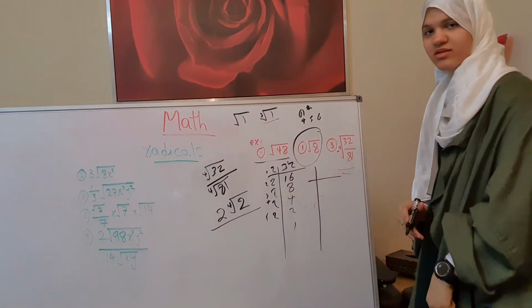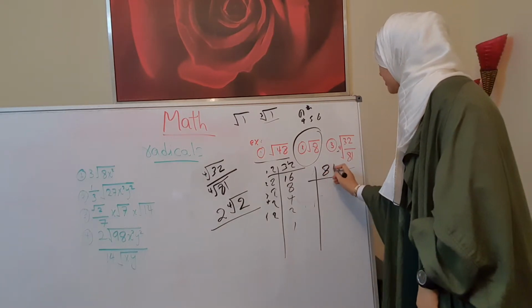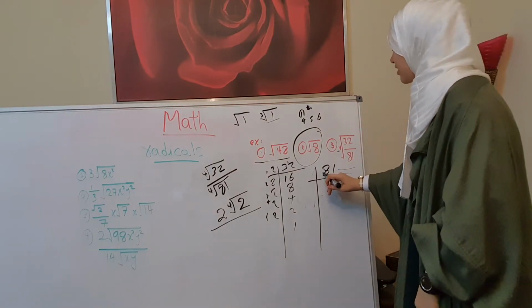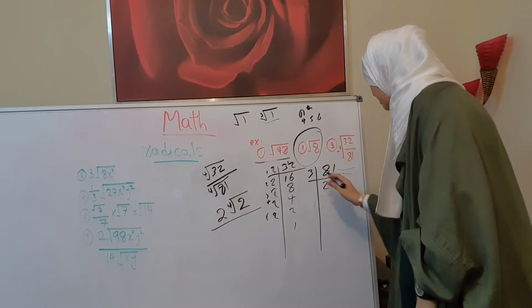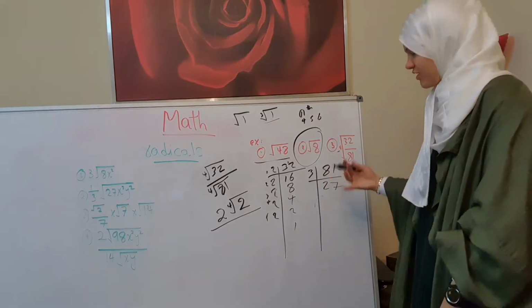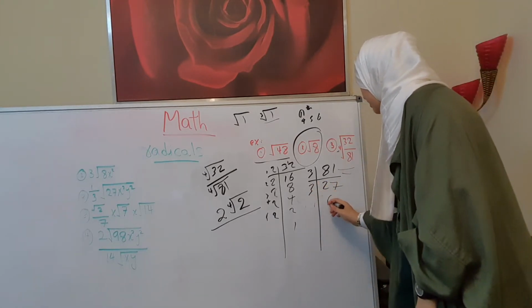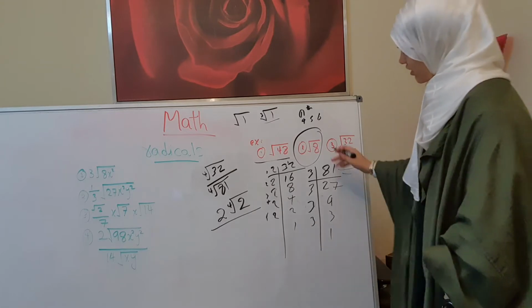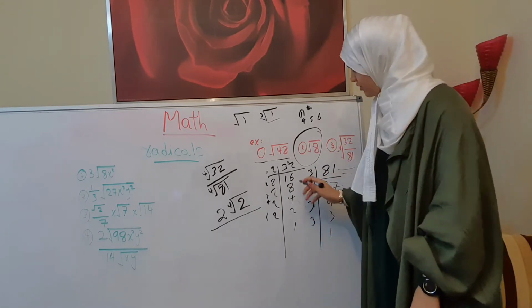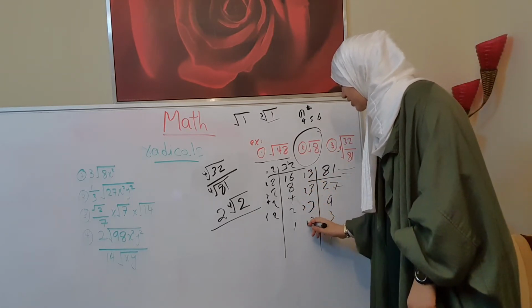Can you see? Yes. 81, it can be divided by what? By 3. That means 27. 3 times 27 will give us 81. After that, 27 divided by 3 is 9, then 3, then 3, then 1. Now, how many 3s do we have? 1, 2, 3, and 4.